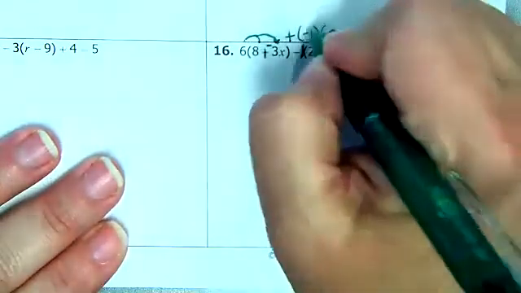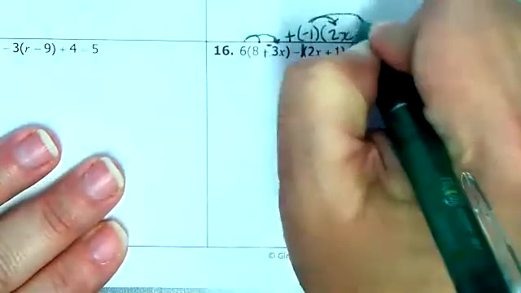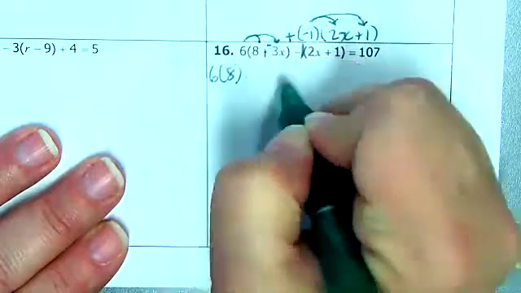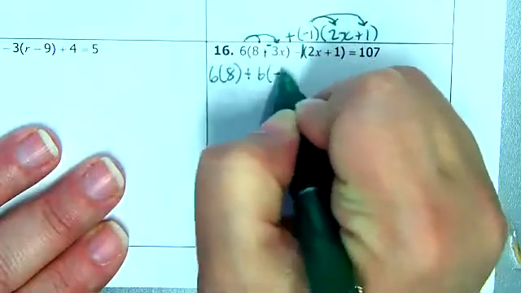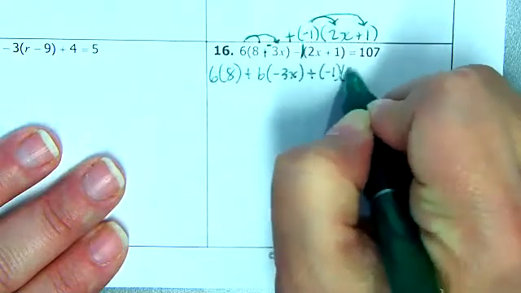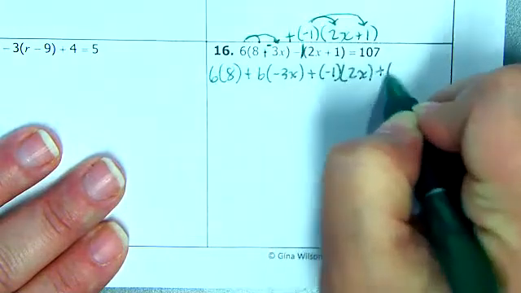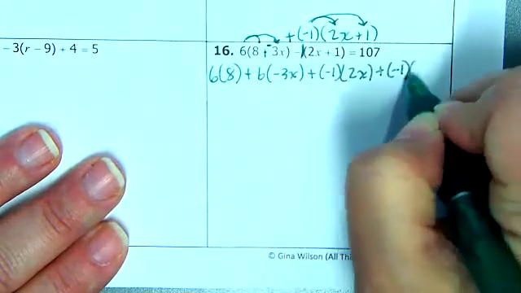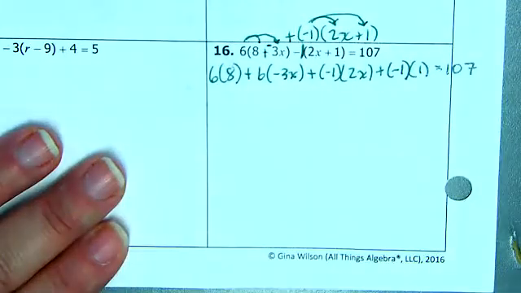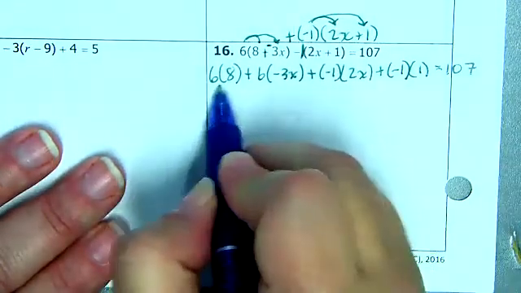So now when I'm going to distribute, I'm going to distribute for both at the same time. So I'm going to do 6 times 8 plus 6 times -3x plus -1 times 2x plus -1 times 1 equals 107. And now I'm going to actually do the multiplication.